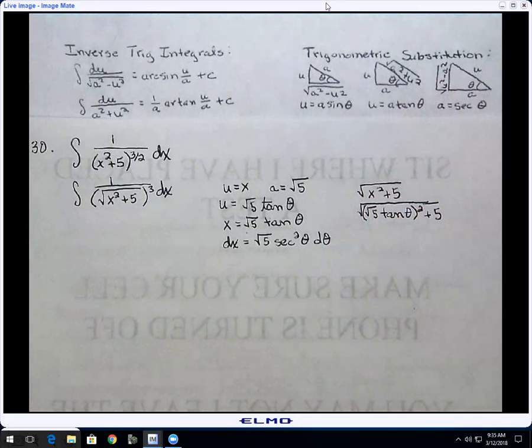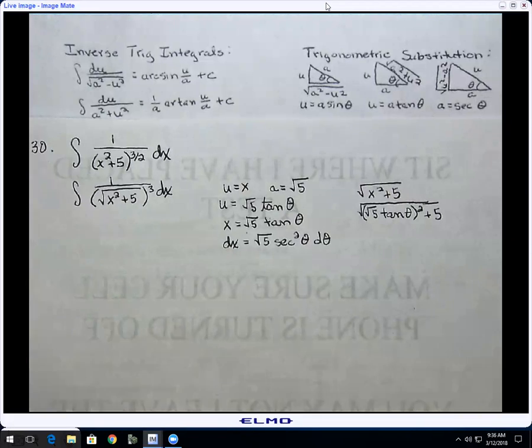You can do that pretty fast. I don't need to write down any more middle steps right here. If I squared that, I'd have 5 tangent squared theta. I'd factor out a 5, and what would I be left with in parentheses? Tangent squared plus 1, also known as secant squared.